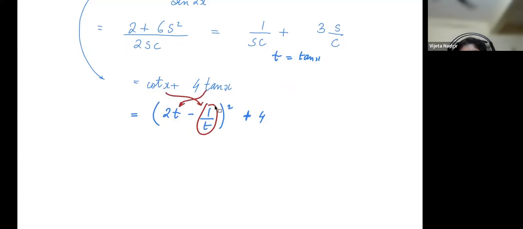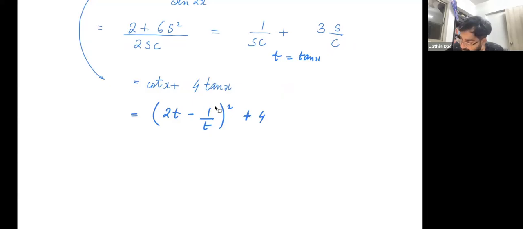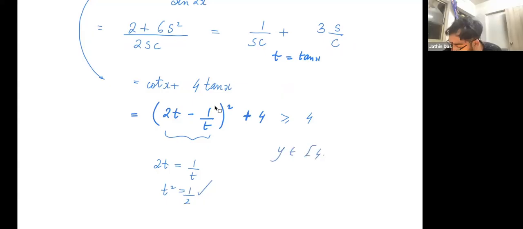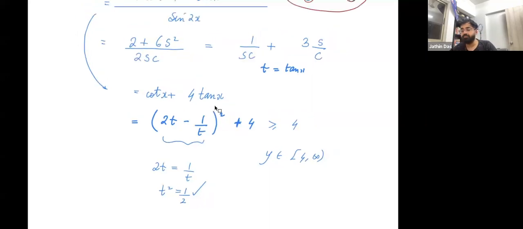Plus 4. Now you'll see that this is greater than or equal to 4. Now check, is it valid? T square is half. It is valid, no problem. That means the range of y is 4 to infinity.